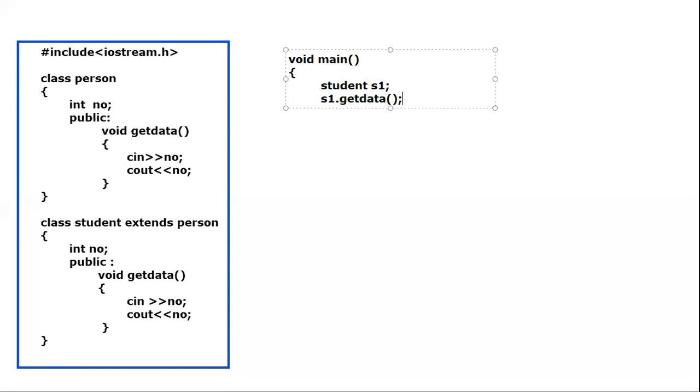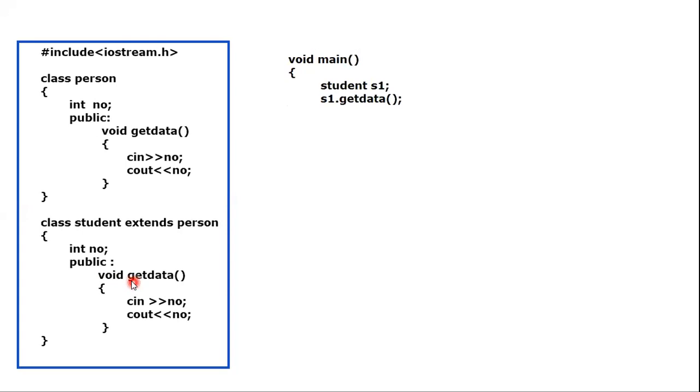Now if I write S1 dot get data, as I said, S1 is the object of the derived class, and being an object of the derived class, it can access the member function of the derived class as well as the base class. So if I mention S1 dot get data, there will be confusion about which function it is accessing, whether this person's void get data or that student's void get data.